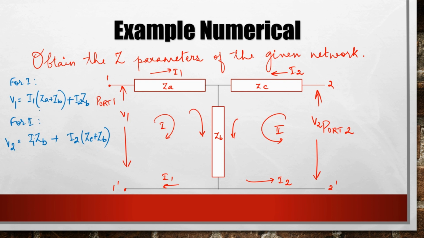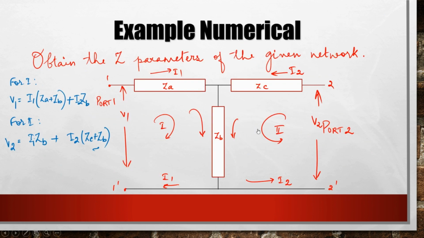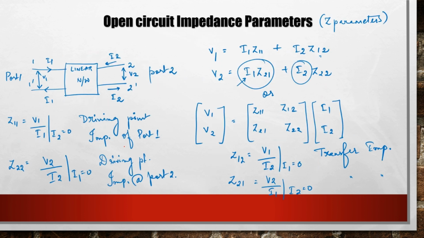Now I have these two equations exactly in this form. So I can just write out the coefficient of I1 in my first equation as Z11, the coefficient of I2 in the first equation as Z12. So here we have ZA plus ZB is Z11, ZB is Z12. Again, in the second equation, coefficient of I1 is Z21, coefficient of I2 is Z22.